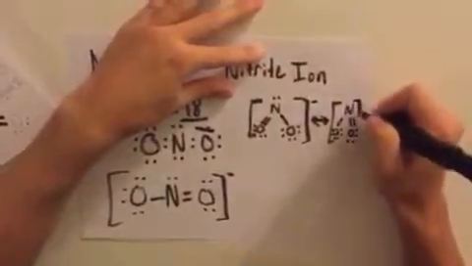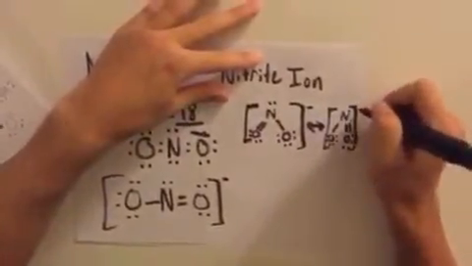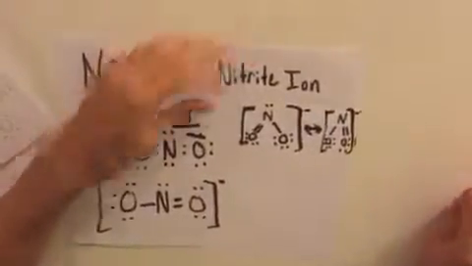And we close out the brackets, add our negative, and that's the nitrite ion.